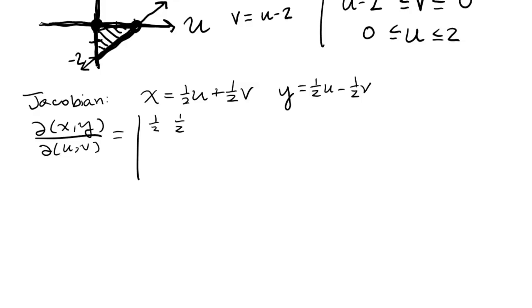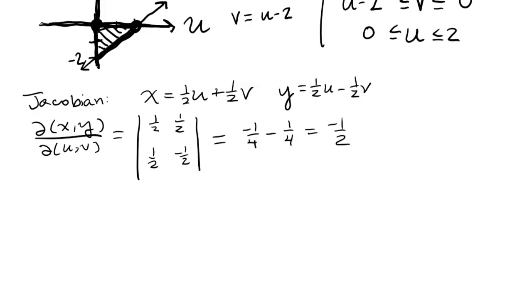Then the partial of y with respect to u is 1/2. And the partial of y with respect to v is -1/2. So then we have 1/2 times -1/2 is -1/4. And then we have minus 1/2 times 1/2, which is another 1/4. So we end up with -1/2.